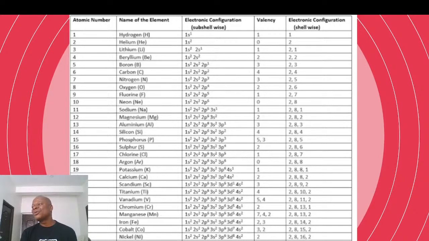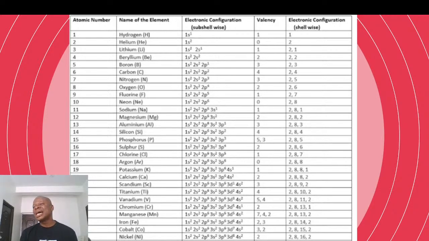Now, if you arrange it in the shells, KL, what you're going to get is 2 and 2 in the main shell.